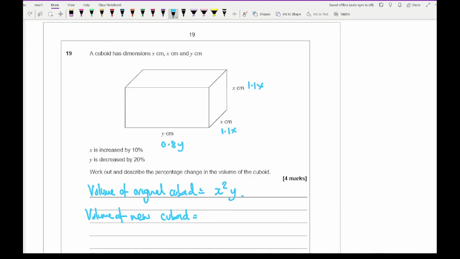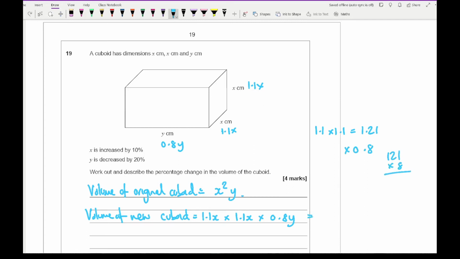So from this, what we've then got is 1.1x times 1.1x times 0.8y. Now if we work out what 1.1 times 1.1 is, that's going to be 1.21, we then multiply that by 0.8, doing some decimal multiplication, whichever way you want to do, but I would say just do 121 multiplied by 8 and go from there.